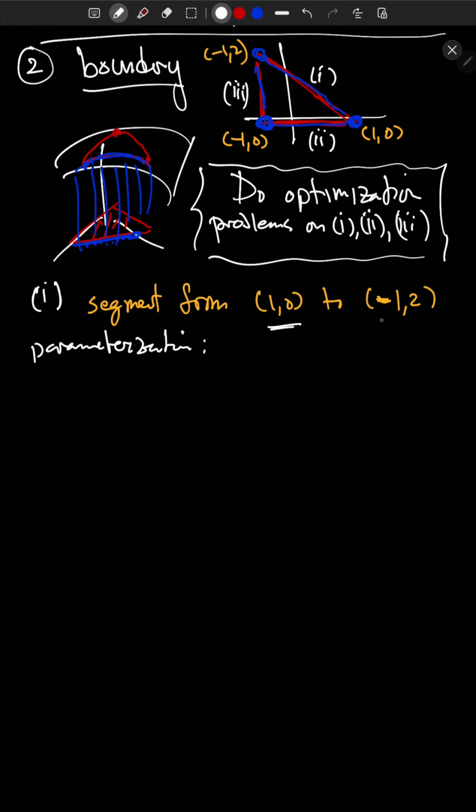For a line segment, the easiest is we need a point, and let's just use 1, 0. We need a direction. If we're starting at 1, 0, we want to go from 1, 0 to -1, 2. So my direction is going to be a vector, let me use sharp brackets.